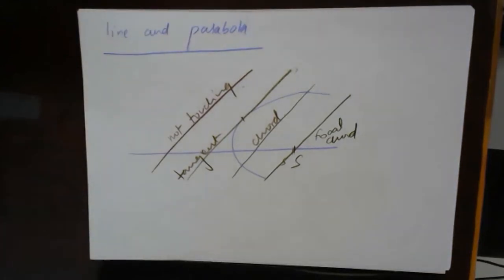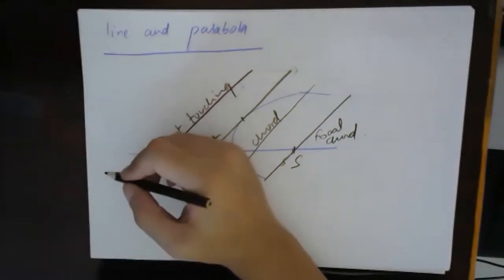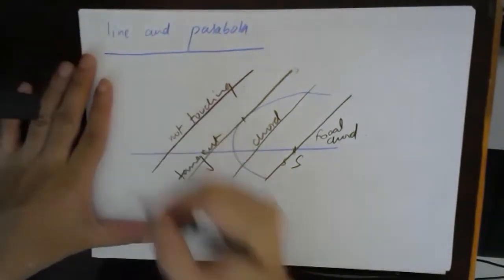Okay. Now see, first what we have to do, we have to find the condition such that a line is a tangent to the parabola. Suppose we have a line with slope m. They have given a line with slope m.